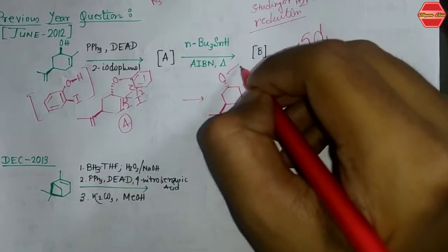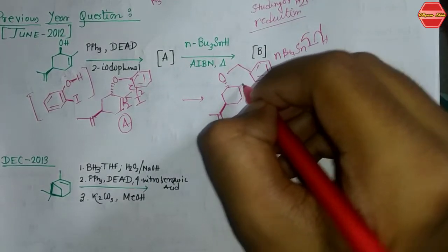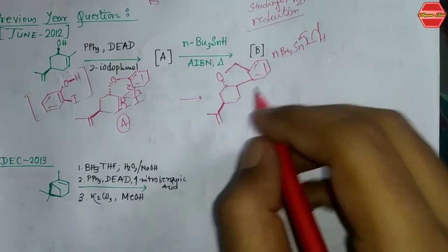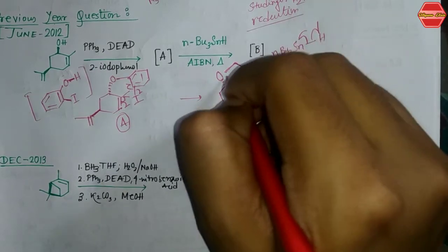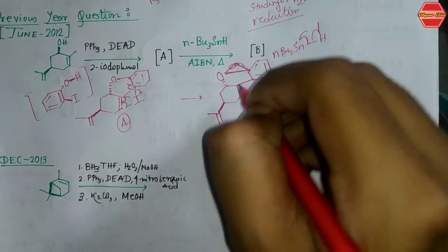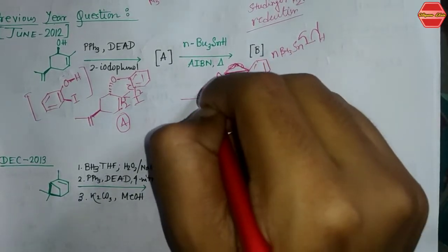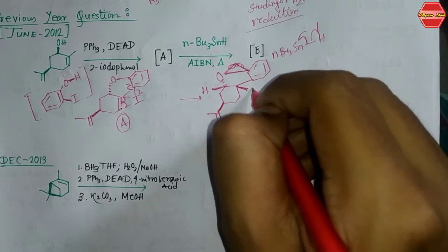Now here this is your Ph, and this is your bond. Now write it like this, and you can see, sorry, this is actually this bond like this. Here you have the hydrogen which is above the plane, and here you have the methyl which is above the plane.